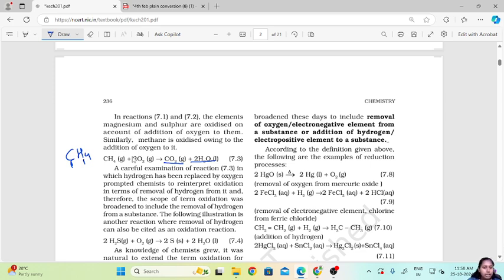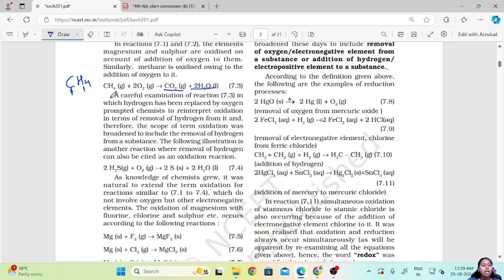Now, a careful examination of reactions in which hydrogen has been replaced by oxygen prompted chemists to reinterpret oxidation in terms of removal of hydrogen, and therefore the scope of the term oxidation was broadened to include the removal of hydrogen from a substance. Initially when the video started, I told you that oxidation is gain of oxygen and loss of hydrogen.